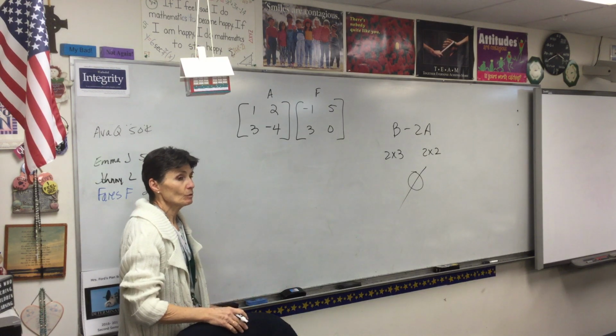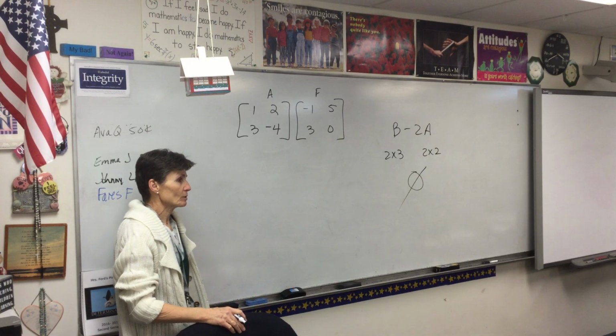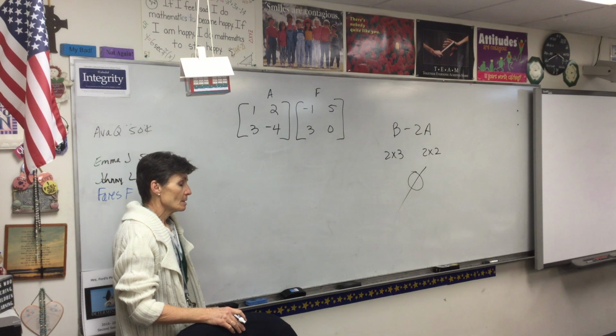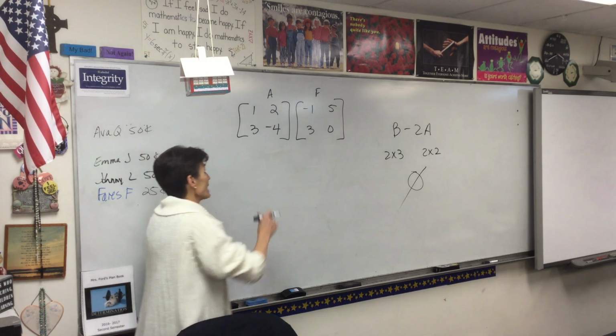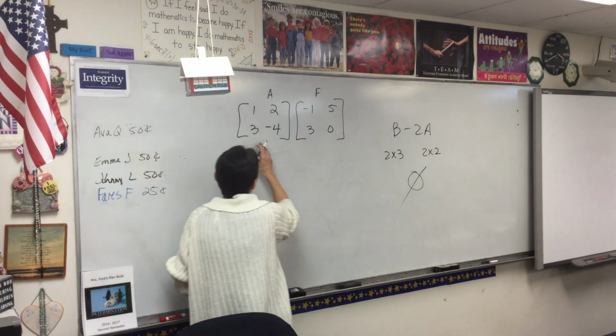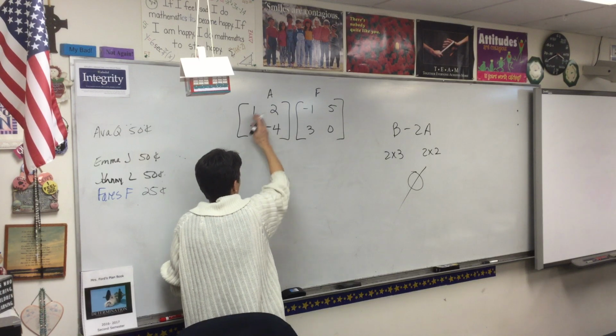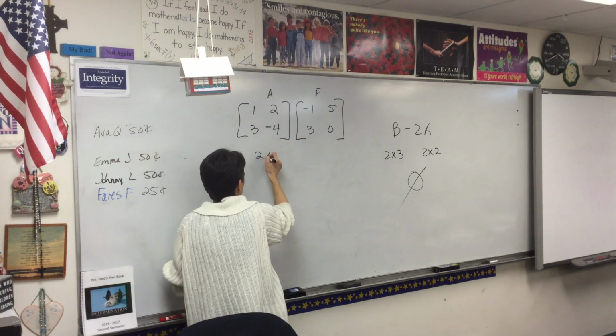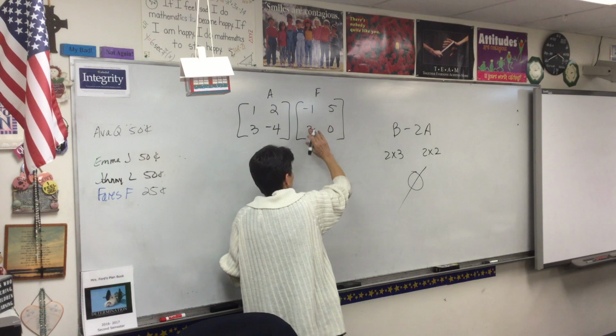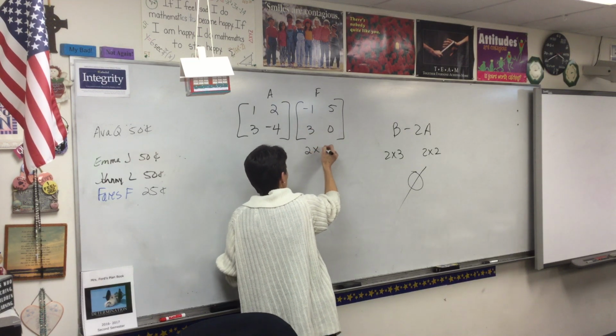Now, here is the rule for multiplication. Write down the dimensions of each one. So what are the dimensions of this guy? 2 by 2. And what are the dimensions of this guy? 2 by 2.